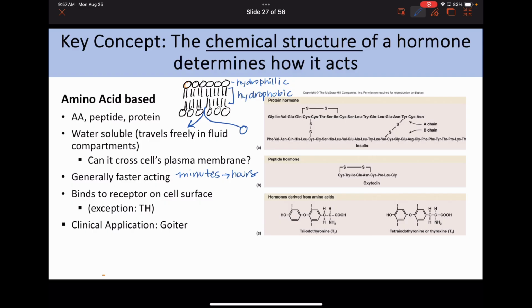Because they're very small, they can swim their way through the hydrophobic tails without causing a bouncing back effect. Thyroid hormone is the only amino acid-based hormone that can cross the plasma membrane. That's the one exception, because it wouldn't be anatomy if there weren't exceptions to everything and little details for you to remember.